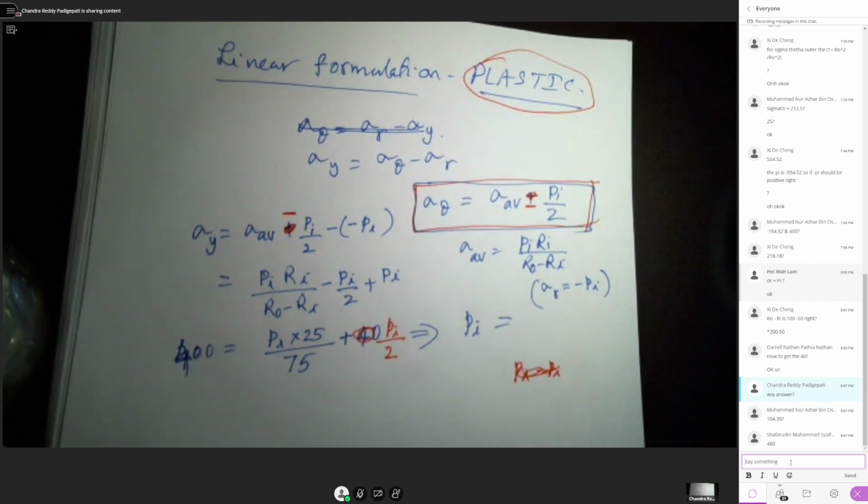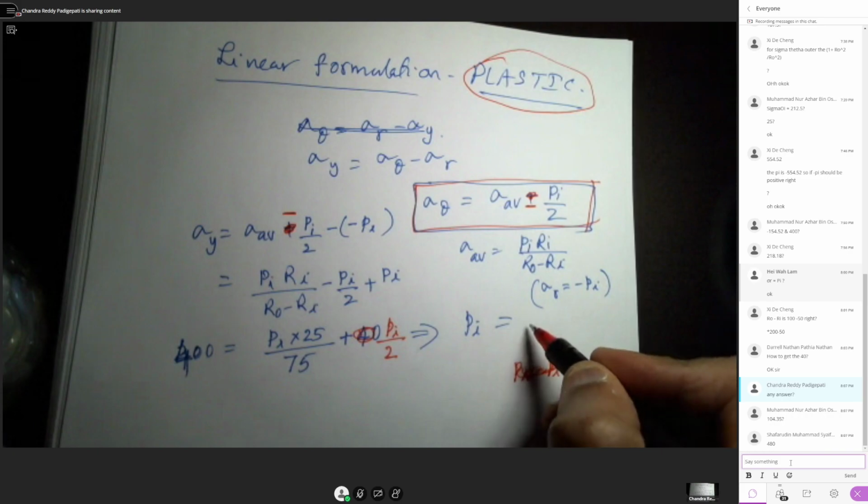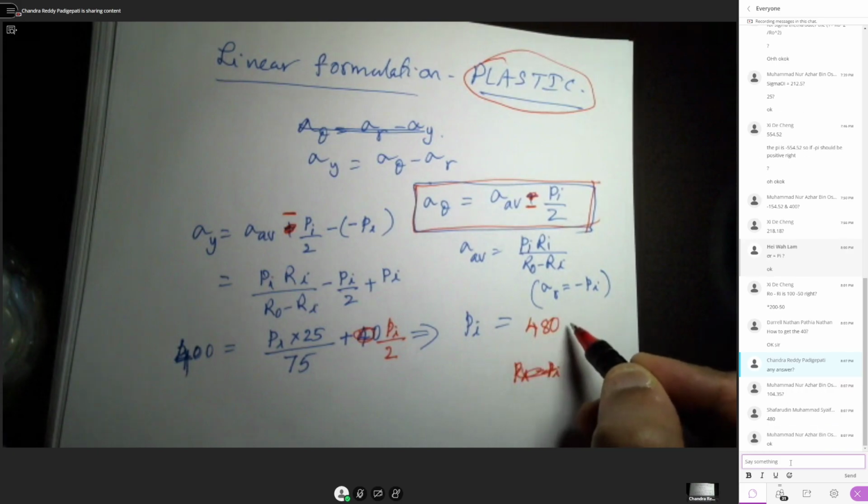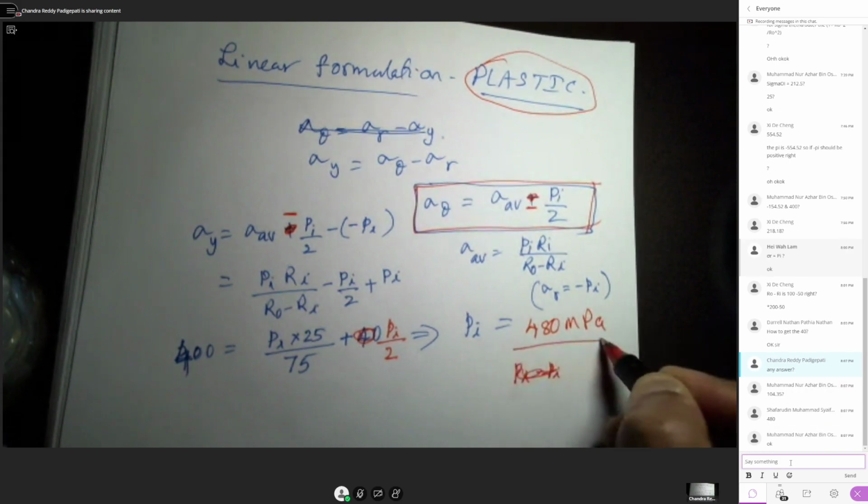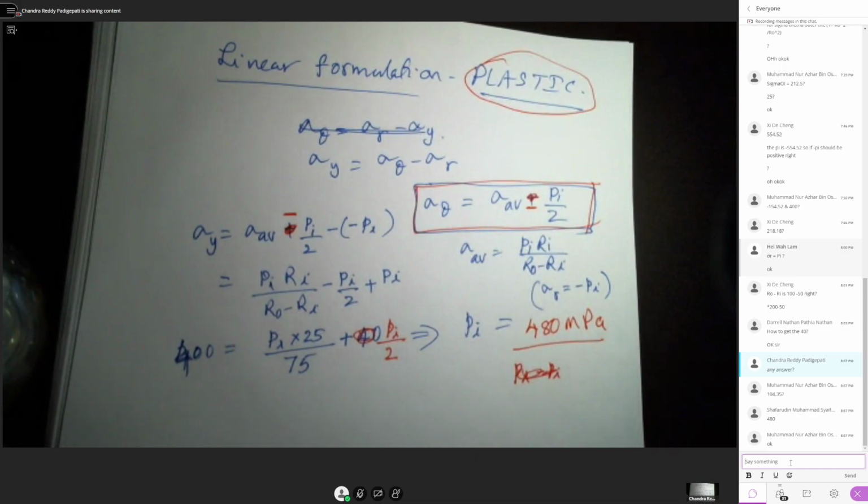Shafaruddin is correct. Nurazar, it's not correct. So you can check your calculation. So you get 480 megapascals. Okay. So this is part C.